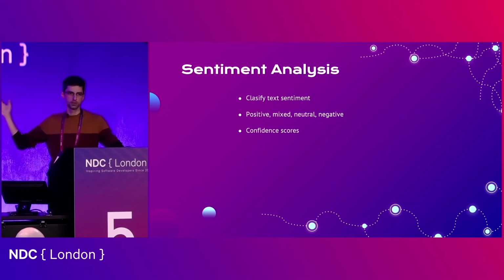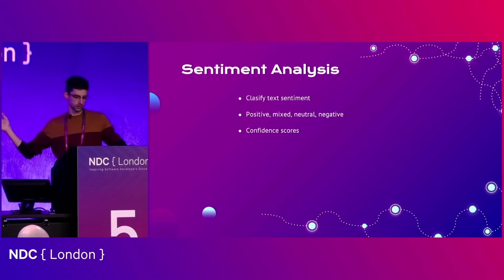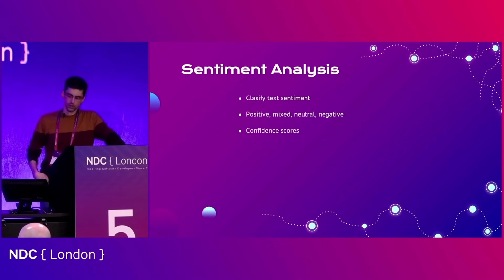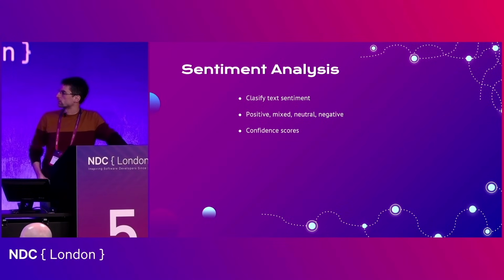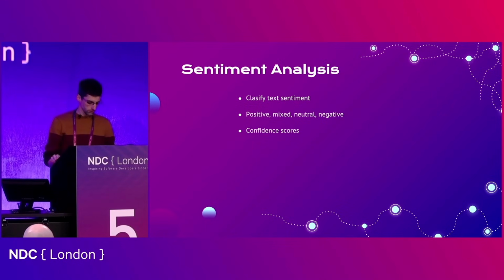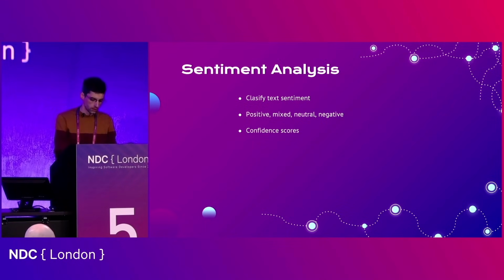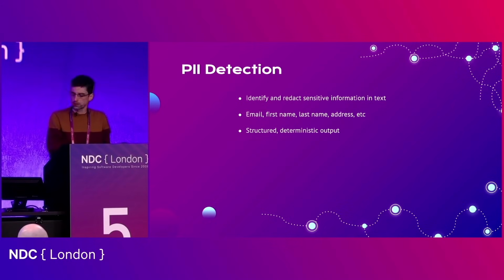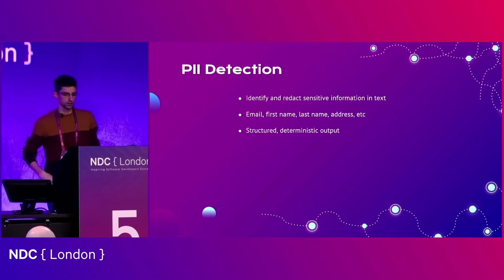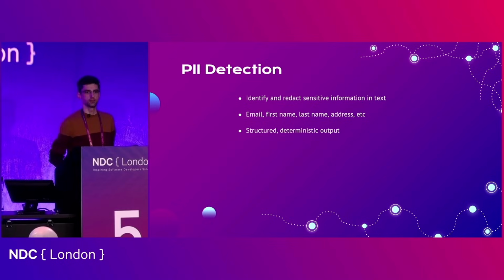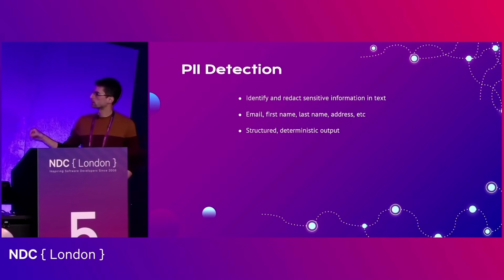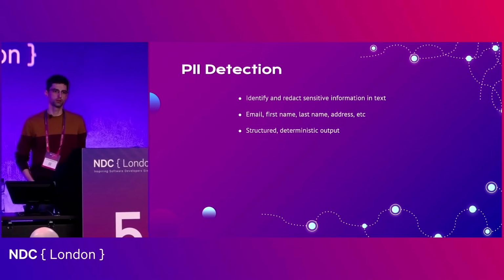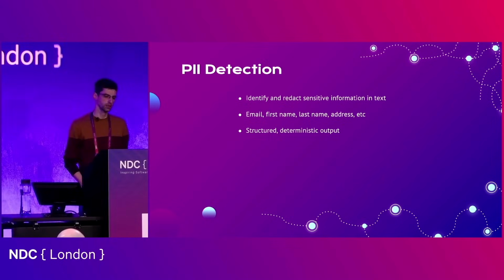So it's a deterministic task, but we can still use AI to examine the data and find out the sentiment. And the final part is PII detection. PII detection allows us to find personal information and other sensitive information in the data we have.